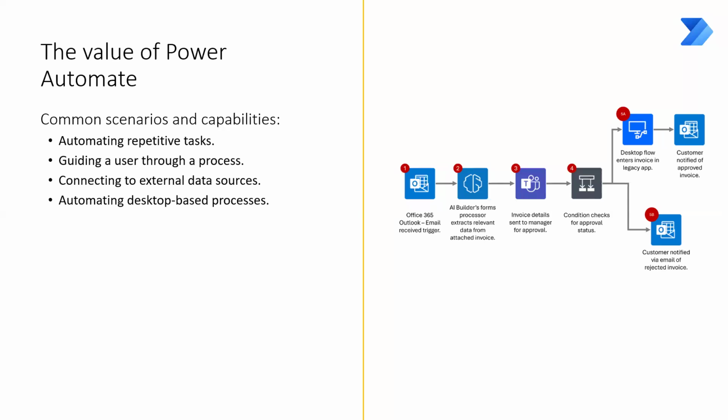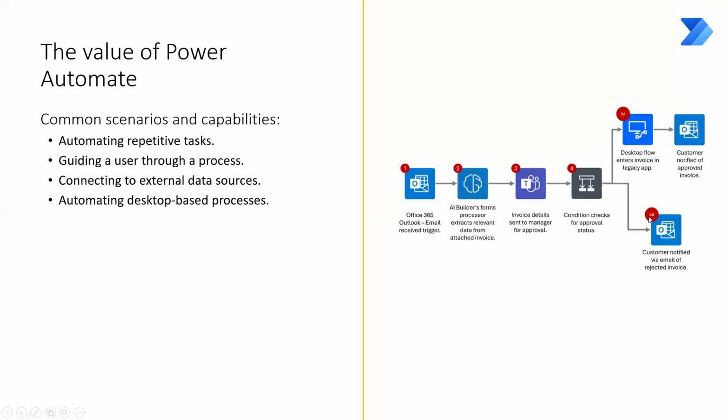One of the examples you will see over here is, let's say, someone receives an email. The email will trigger the AI-based forms to check if it has some sort of attachment. Now, that attachment gets sent to a manager for approval. The conditions will be checked.